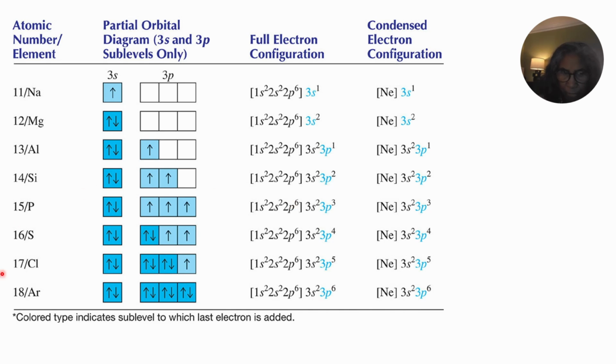For example, for chlorine, we have 17 electrons, so the 10 electrons in the inner part of the atom are identical to the electron configuration of neon. So we place the symbol of neon, indicating that we have 10 inner electrons, and we only need to place right next to it the outermost valence shell electrons.